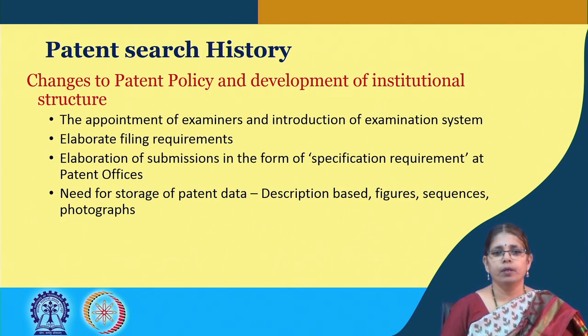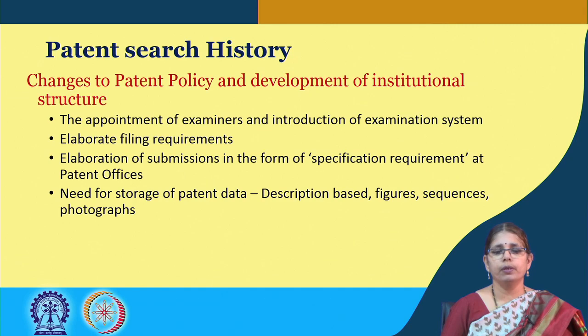Not only that, we discussed the value of figures. So, greater needs came up with respect to the representation of figures, sequences when it comes to biotechnology, photographs, and again norms with respect to what kind of photographs could be represented. So, patent offices began to give a lot of importance to indexing these, cataloging these, and also documenting these for the purposes of access by not only the patentee, but also by others when it is published.